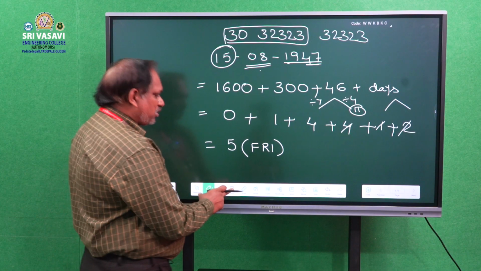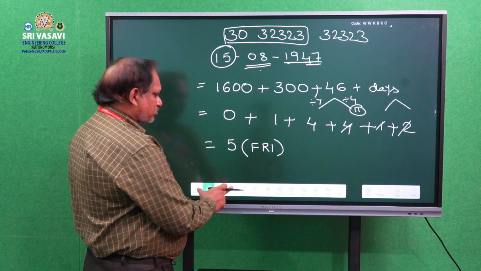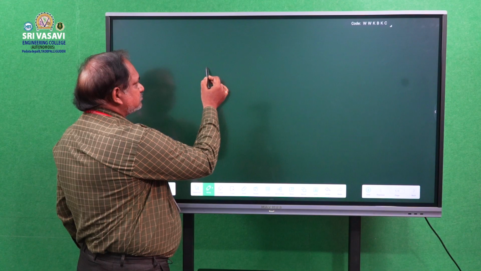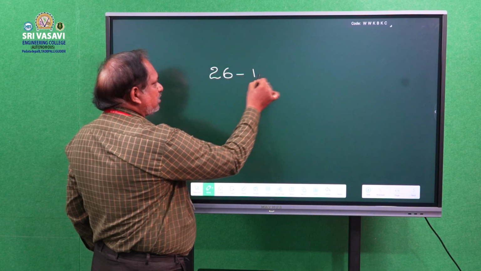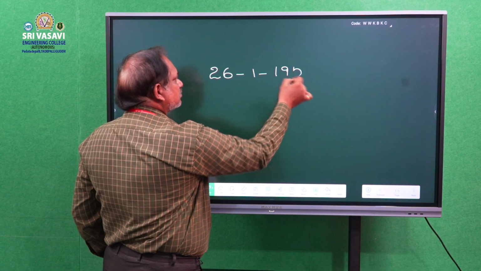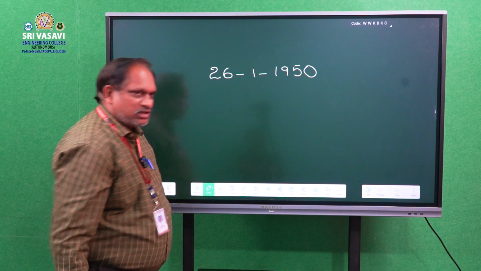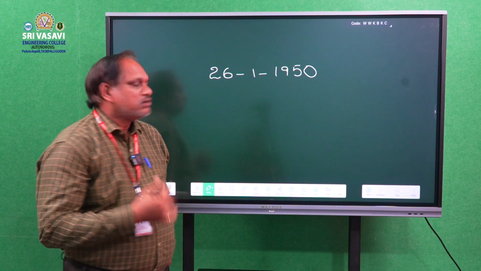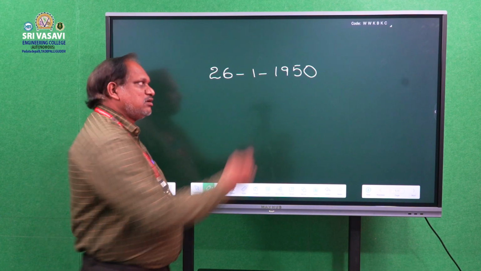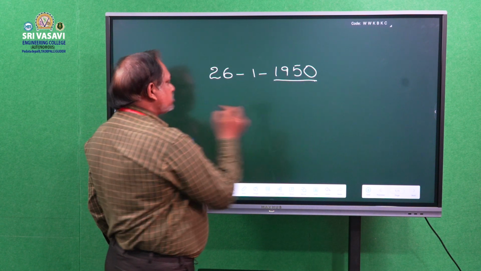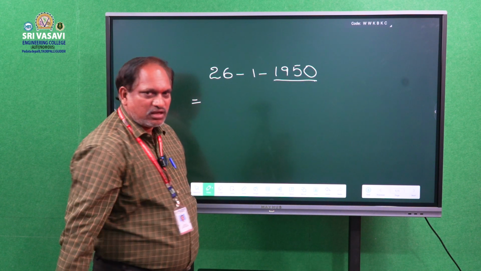Just go back, one more date I have given here. See that, 26th January 1950. As we discussed earlier, the first step itself is distribution or division of the year.